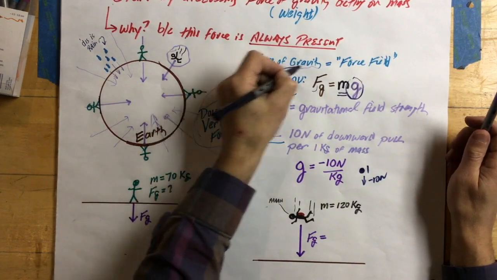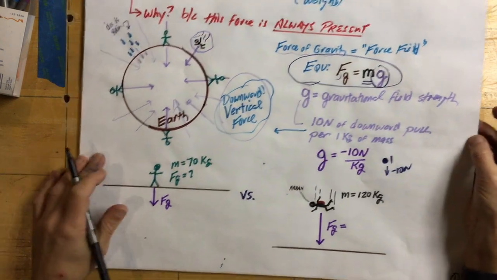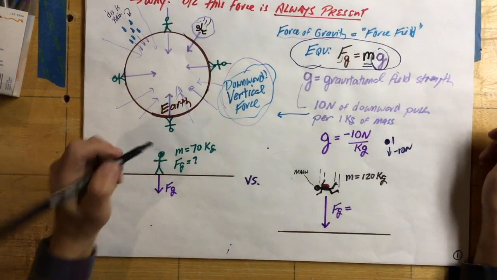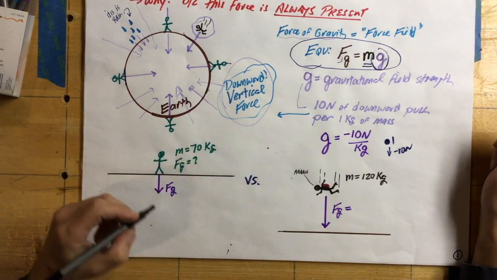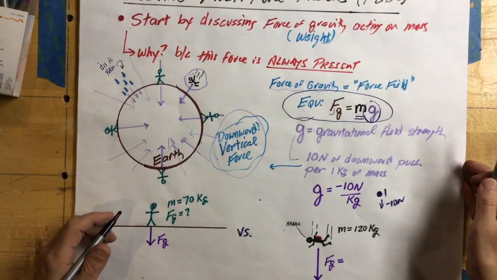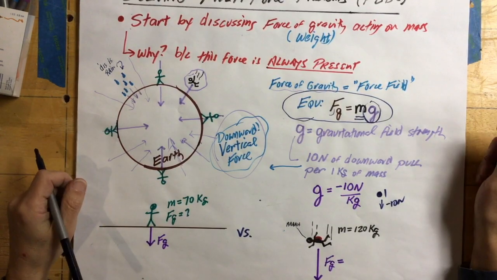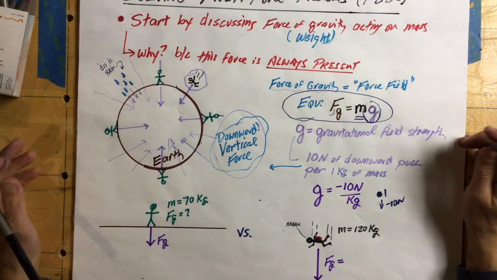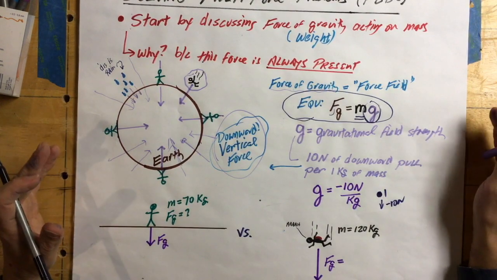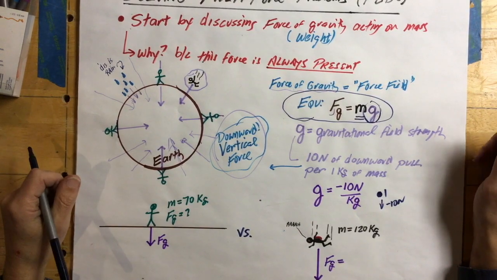The weight equation is what we're going to focus on right now. So you can calculate the weight of any object at or near the surface of the Earth if you know the mass of the object, because we know the weight equation. And that g value doesn't change. On the Earth, it's negative 10. Technically, it's negative 9.81. We round up to negative 10. And there is a reason it is also equivalent to the acceleration of free fall, but I'm not going to go into that quite yet.